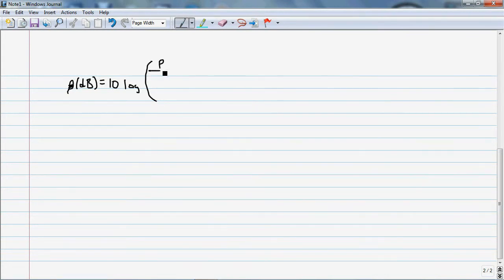Power over 4 pi r squared, we'll call it power 1, over some base power, and I haven't moved, so it's 4 pi r squared, same r squared, and if I simplify, I get 10 times the log of P1 over P naught.